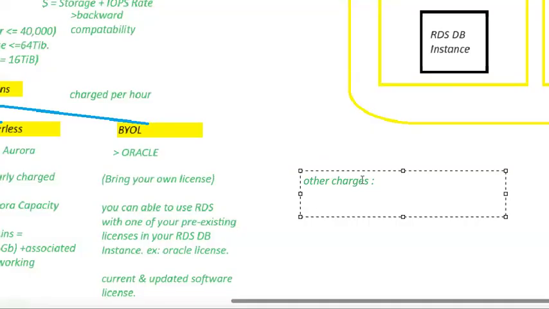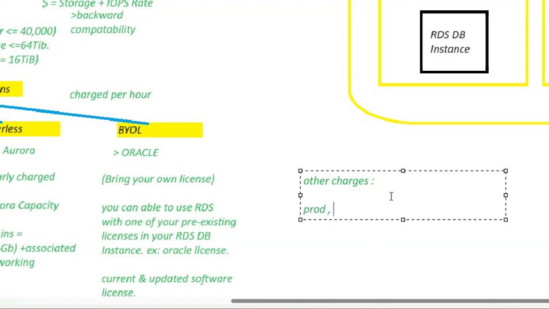So let's see what other charges are imposed on us whenever we are using this. So let's say you are using the free tier, or the normal tier, that is standard, or else provisioned. Under production types, you have seen three types, right?